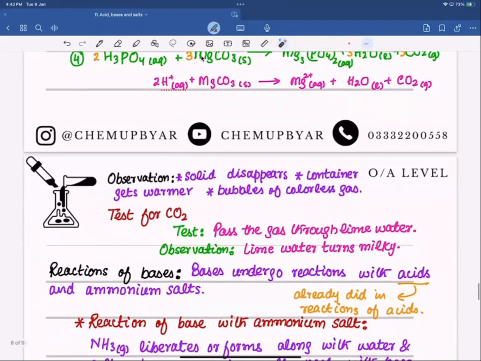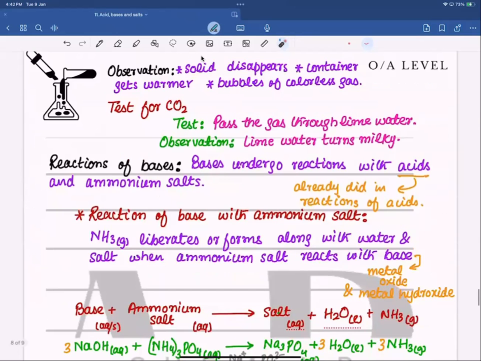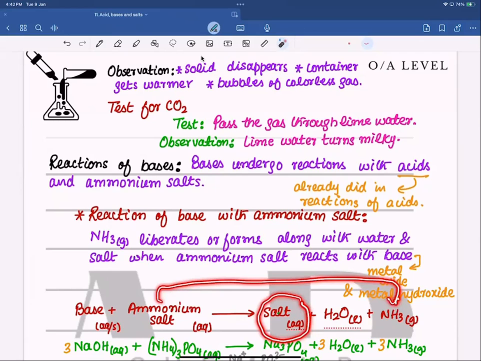Besides this, the base also reacts with ammonium salts. When a base reacts with ammonium salts, we always get another salt which doesn't contain ammonium, because that ammonium ion is liberated as ammonia gas and water is formed.